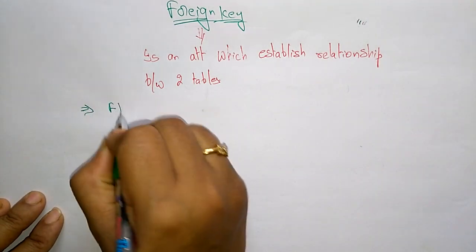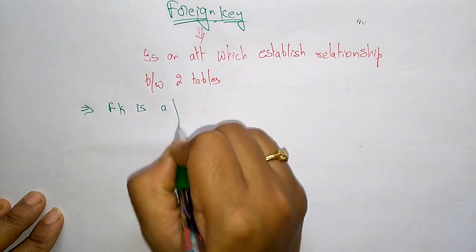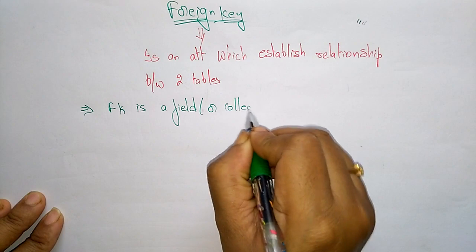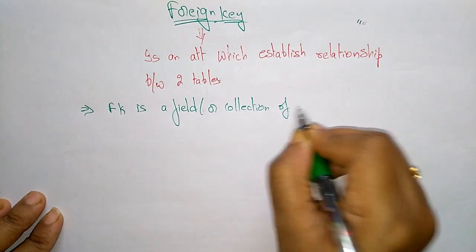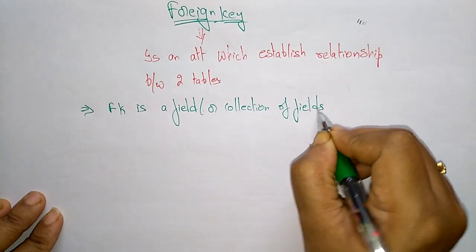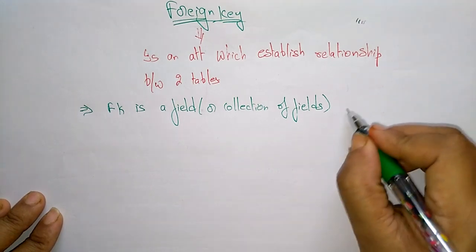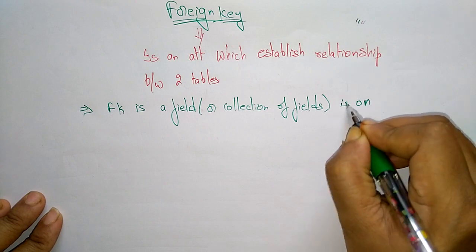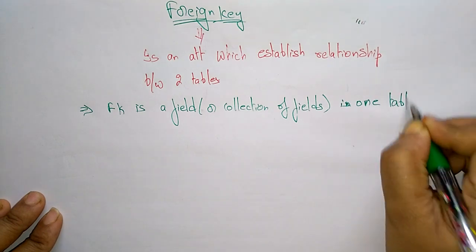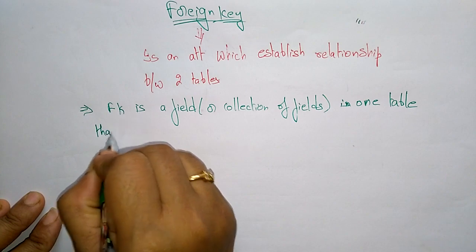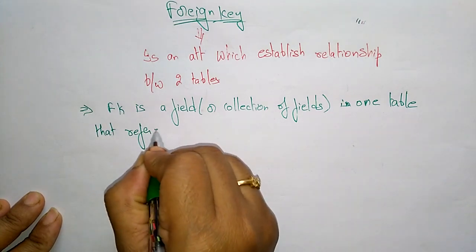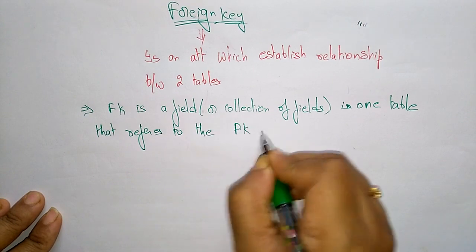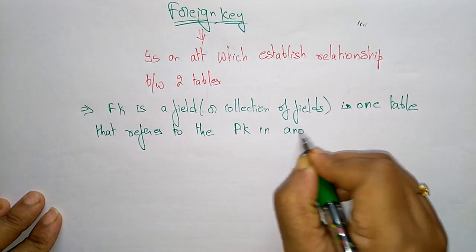So foreign key is a field or collection of fields, means it is an attribute or a collection of attributes in one table that refers to the primary key in another table.